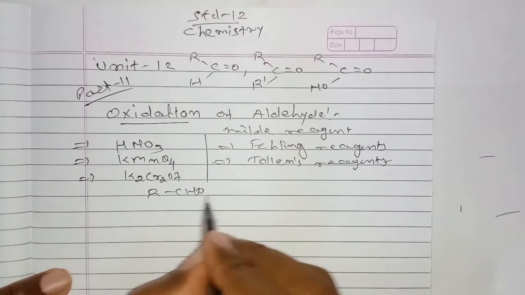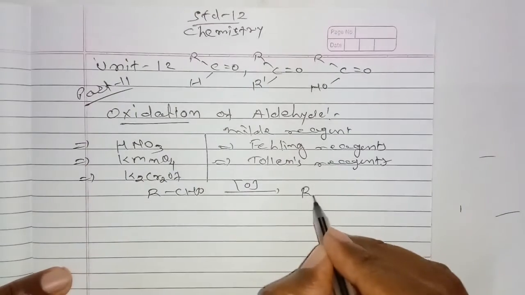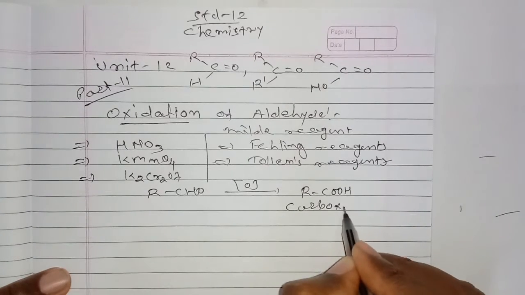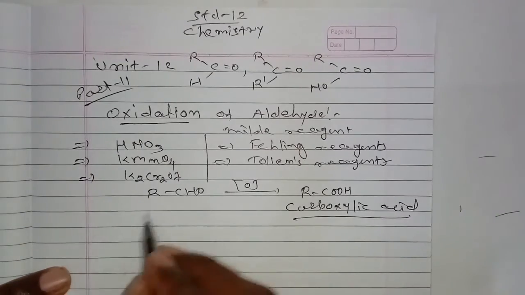When aldehyde is oxidized, it is converted to carboxylic acid.